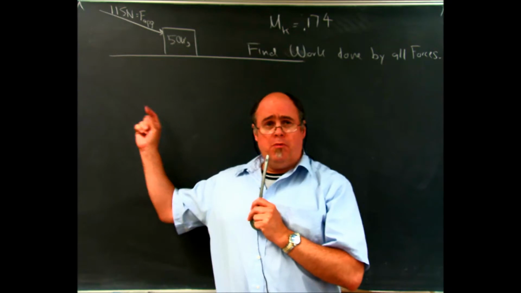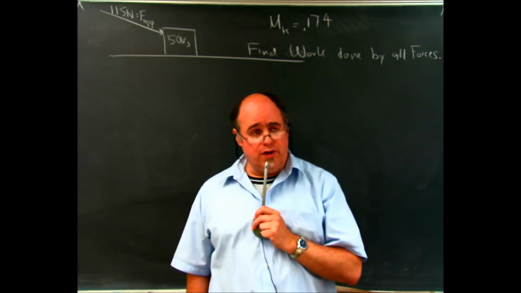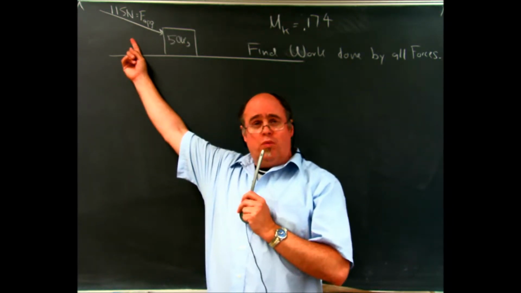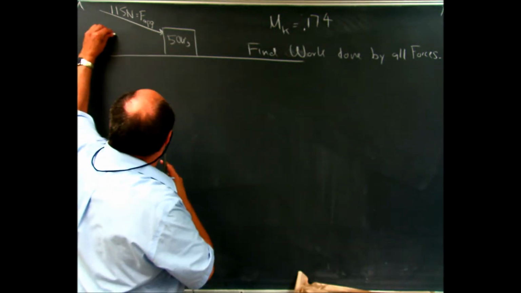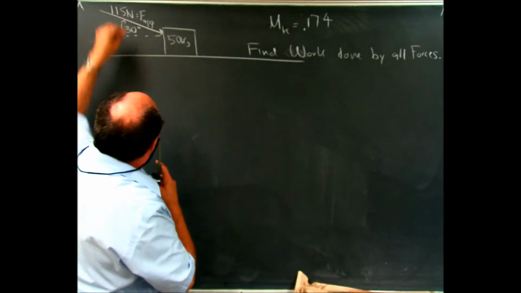I have a word problem here behind me which shows a picture of a box, and it says the mass of the box is 50 kilograms, and it shows a force pushing with an applied force of 115 newtons. It doesn't show it here, but I meant to put that they were pushing this box at a 30-degree angle below the horizontal.